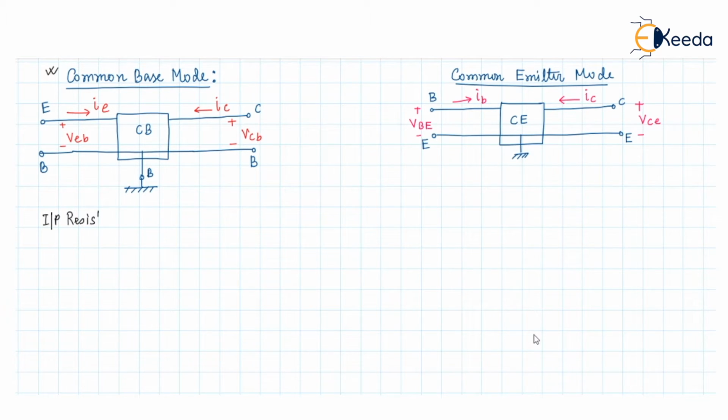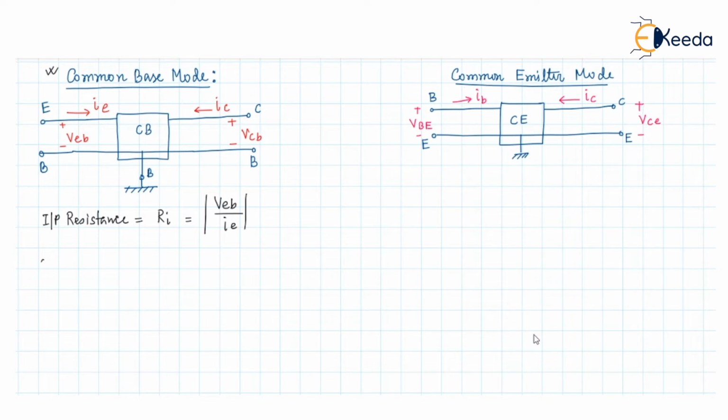If I denote the input resistance as Ri, this Ri is nothing but the input voltage divided by the input current, and it can be given as VEB divided by IE current. So this is the input resistance relation for the common base mode.